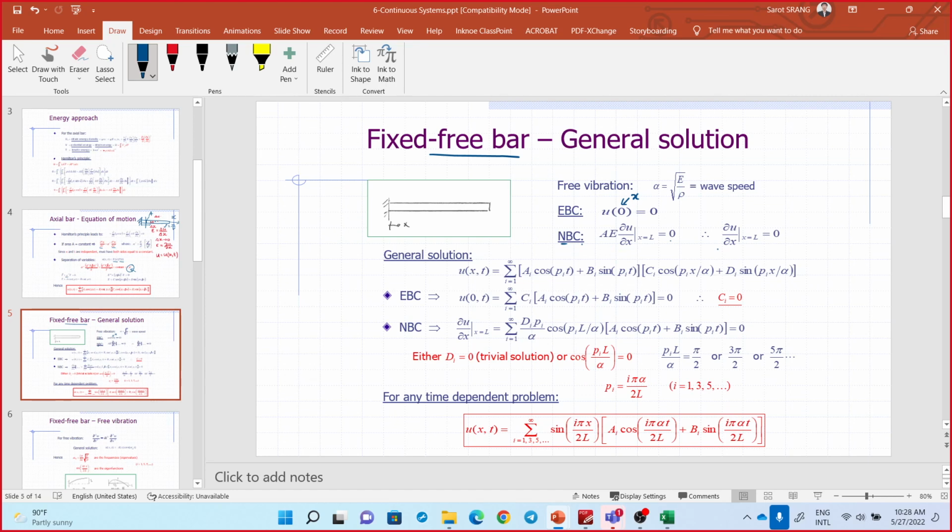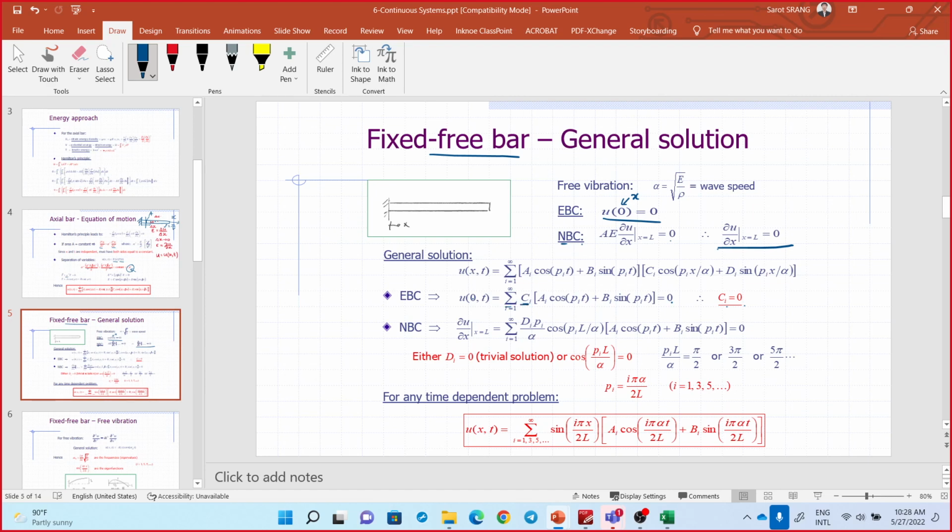Okay, and then using these two boundary conditions, we can eliminate some parameters like Ci. Ci is 0. So we substitute 0 for h, then we can have this and set it to 0.